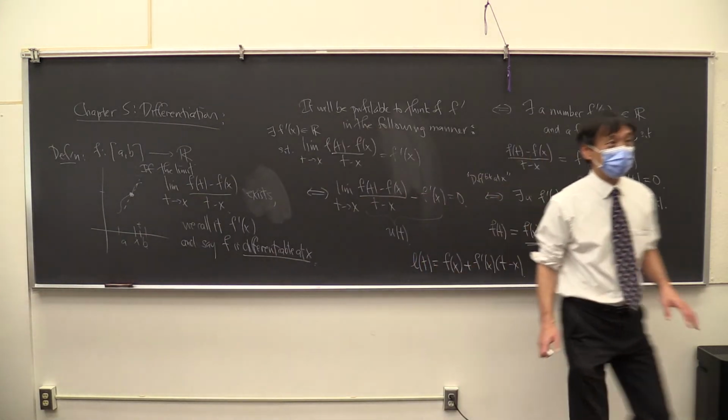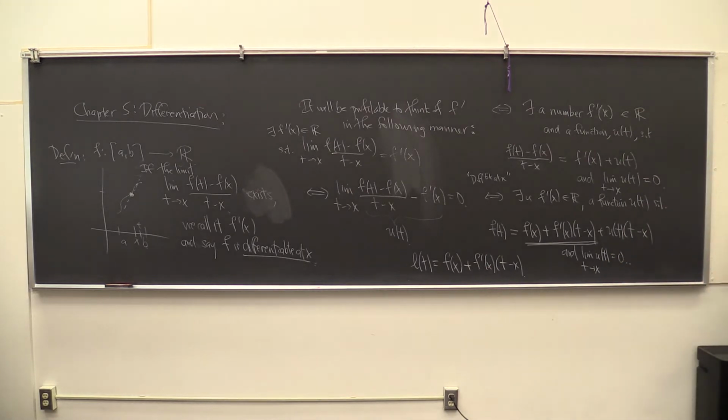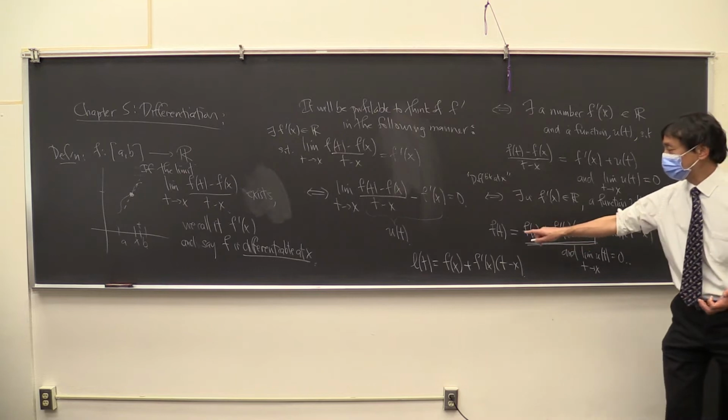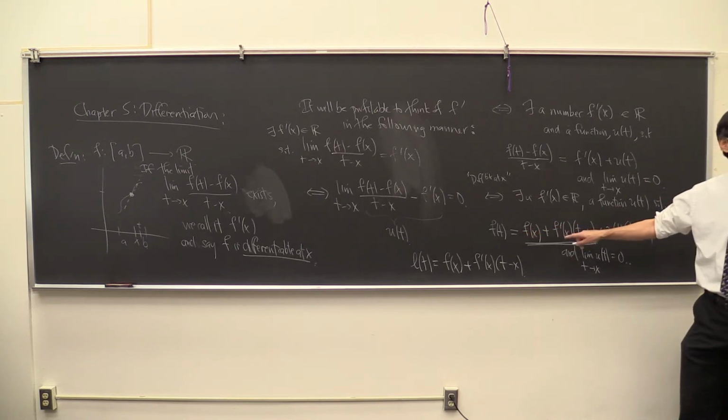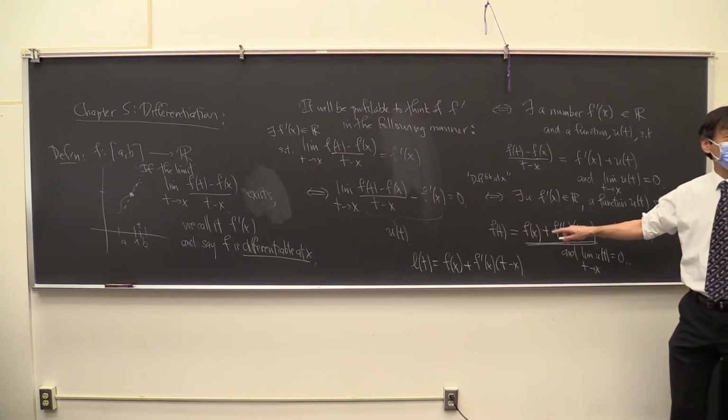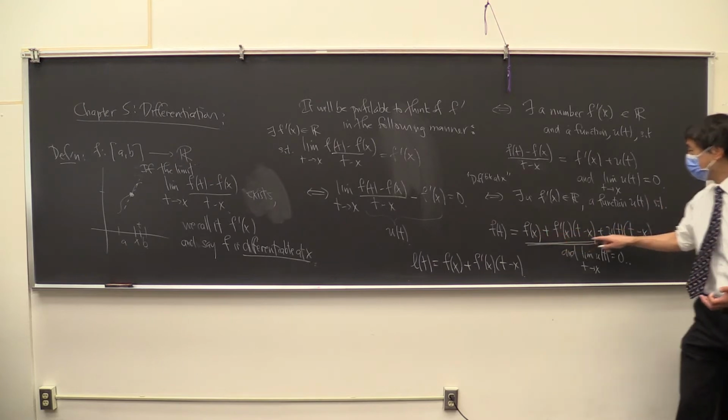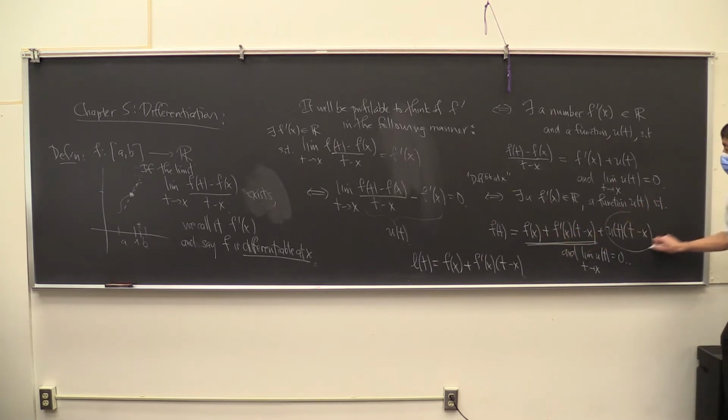Let's go back to thinking about what differentiable actually means. Differentiable means that your function is basically a tangent line. Differentiable at x means that your function is basically a tangent line plus some sort of thing that vanishes as you go close to x. Right? So as t goes to x, this thing goes to 0. In fact, it goes to 0 in a very fast way.